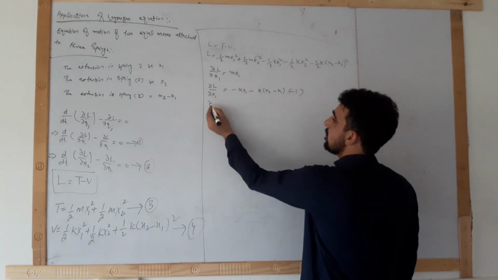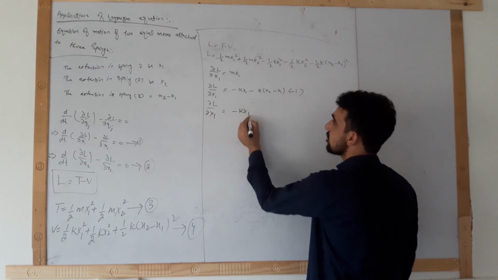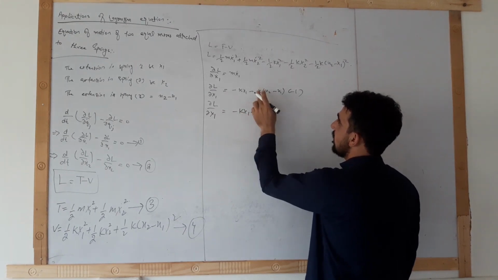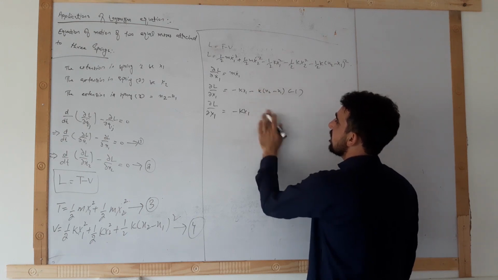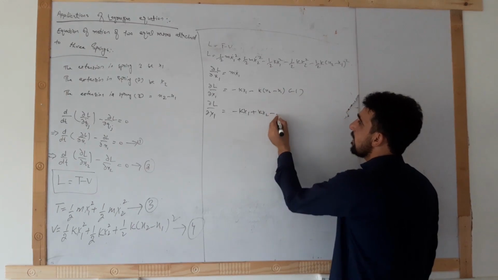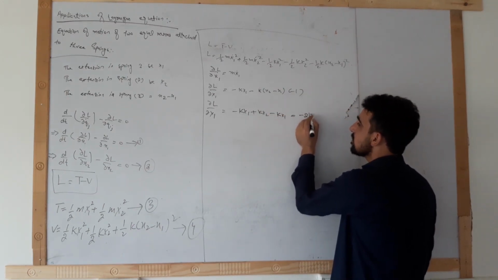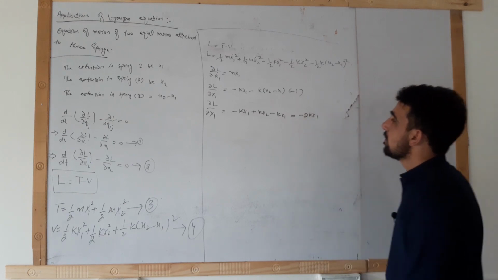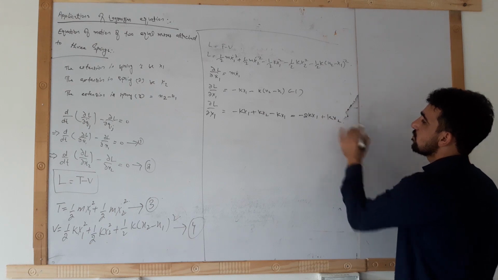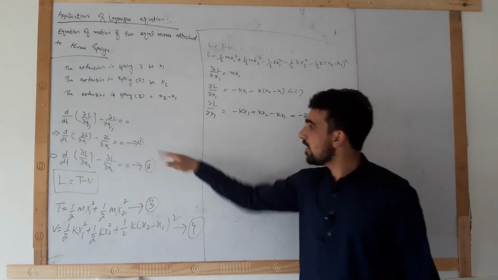This becomes minus k x1 minus k x2 plus k x1 and minus k x1, and this is equal to minus 2k x1 plus k x2.